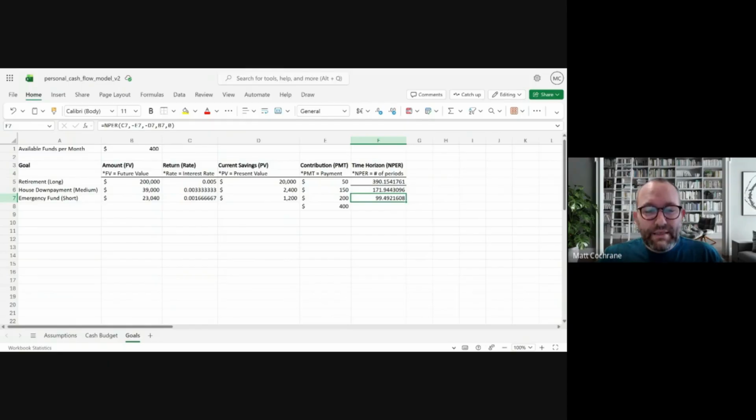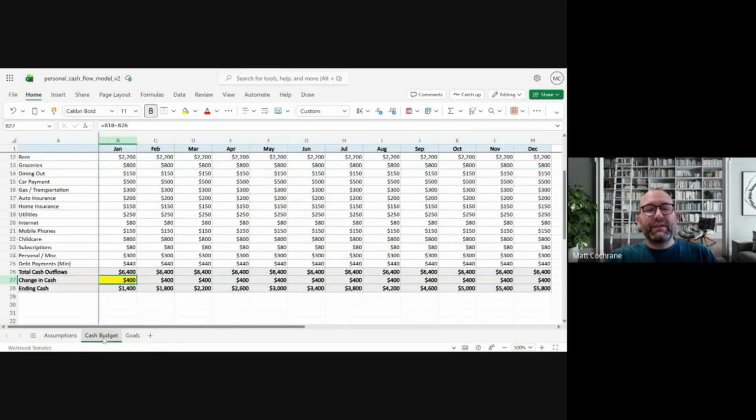Now, last step, after we've got these amounts, we can update our cash budget. So the first cash budget here is to determine what the available funds are. Now we've determined what those goals are.